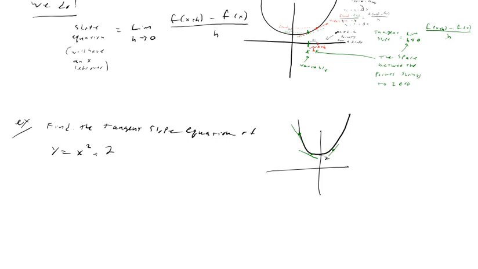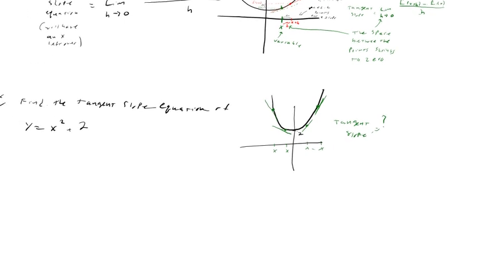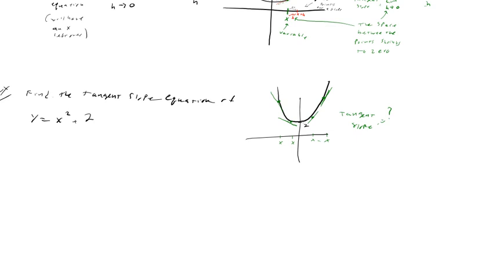What's the equation that tells me the tangent slope anywhere along this graph? At various x's, I want to know what the tangent slope is. Tangent slope equals what? So we're gonna make a tangent slope equation.